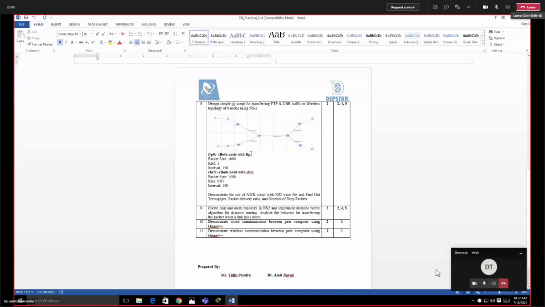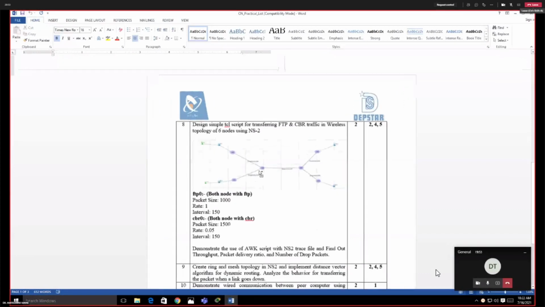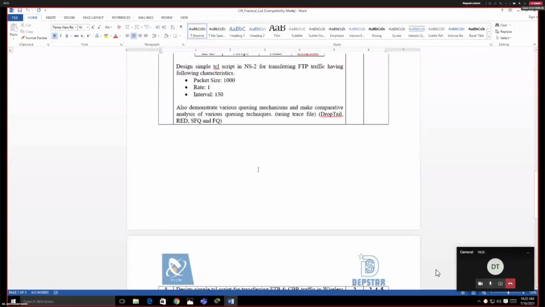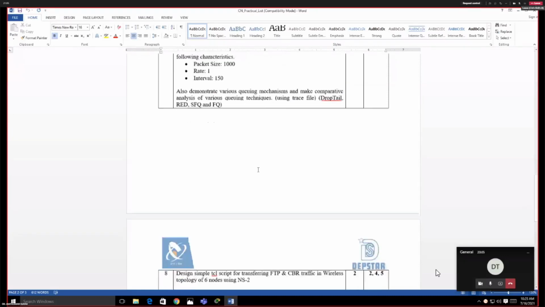And if the time permits, we will also discuss Network Simulator 3 so that you will have the idea about Packet Tracer, NS2, Omnet++, and then NS3.